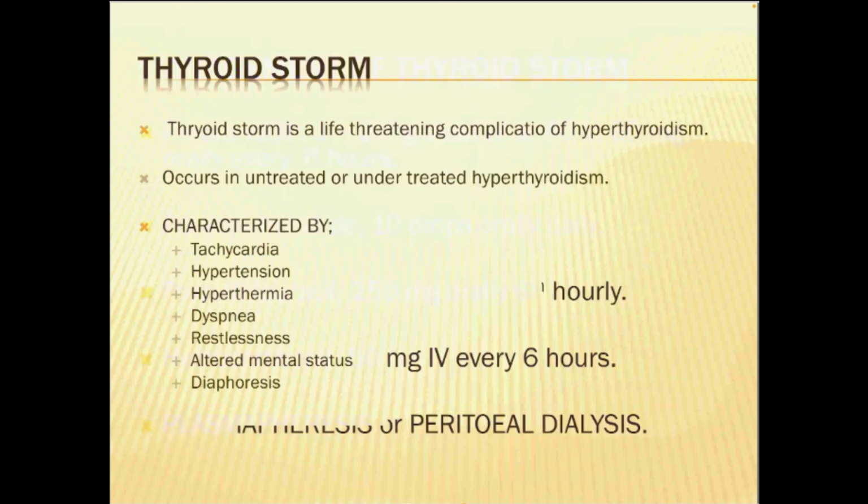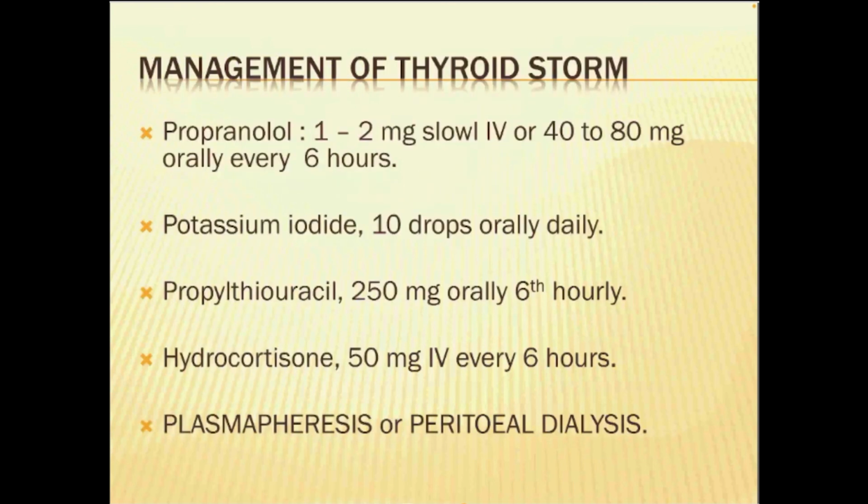So, how will we manage this life-threatening thyroid storm? Here we will go for IV infusion of a beta blocker like propranolol, 1 to 2 milligram as a slow IV, or if the patient is quite stable, we can go for oral propranolol of 80 milligram every 6th hourly, not 8 hourly here.